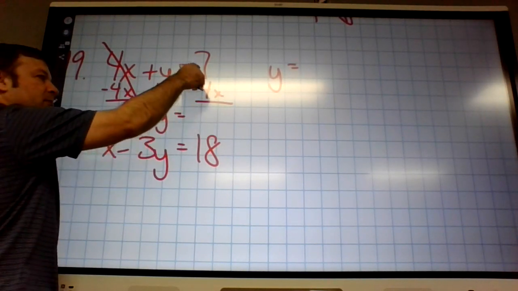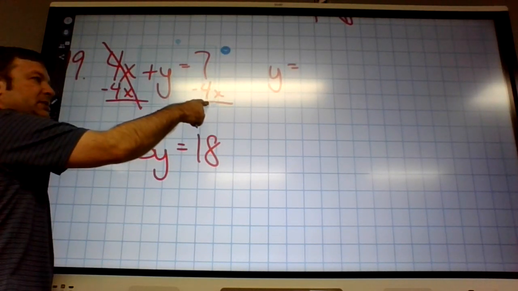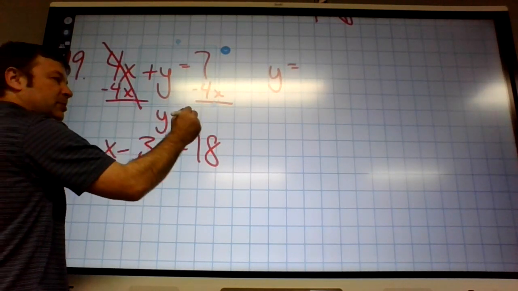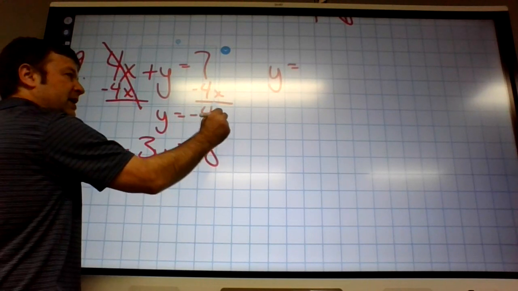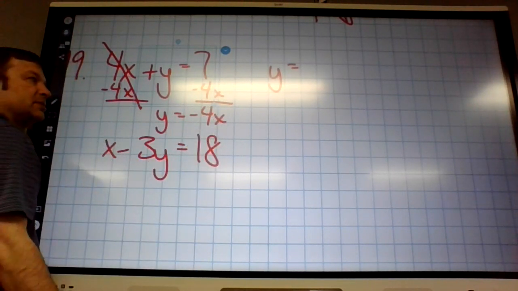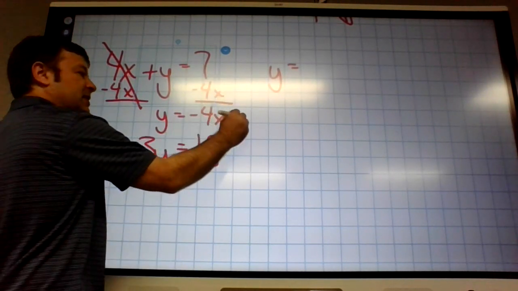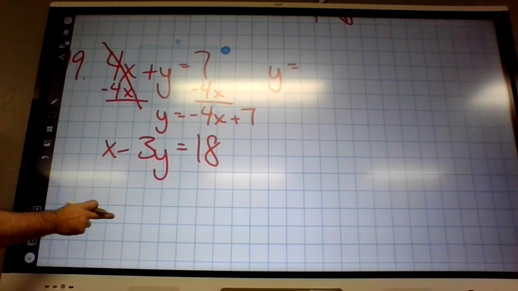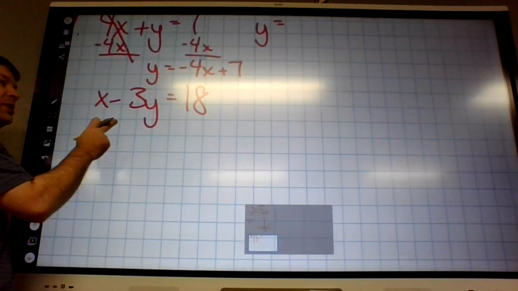And over here, what do I do with 7 minus 4x? Nothing really, but we do change the order. Negative 4x, and that's a positive 7, so that's like a plus 7. Okay, now it's ready to graph. And, okay, Miranda, what should I do on the second one?